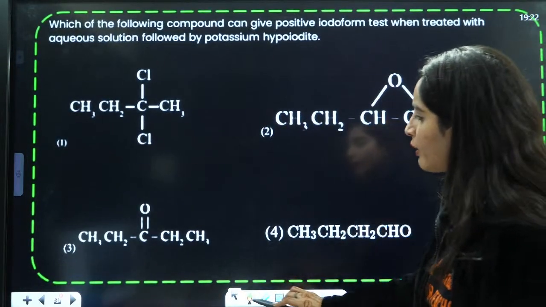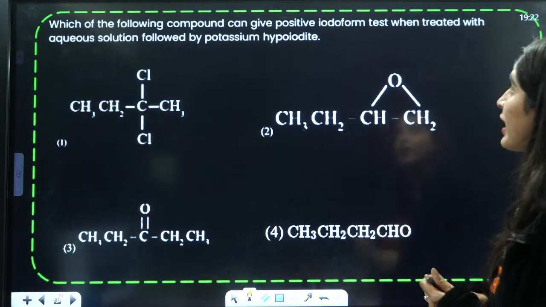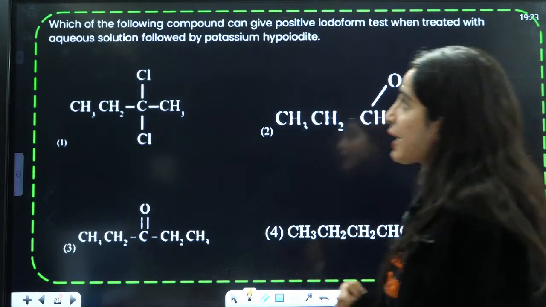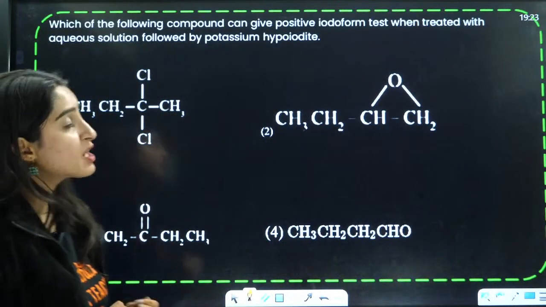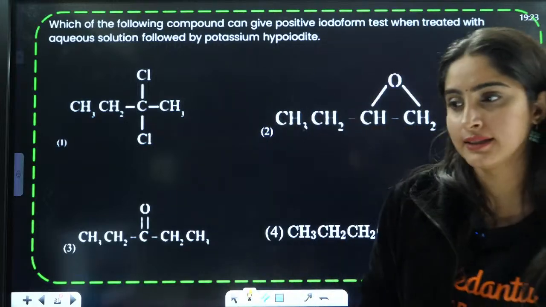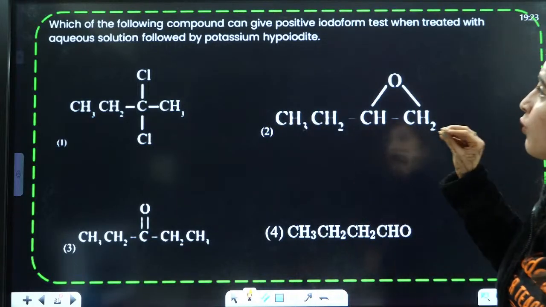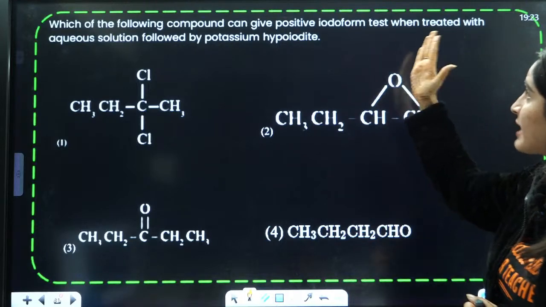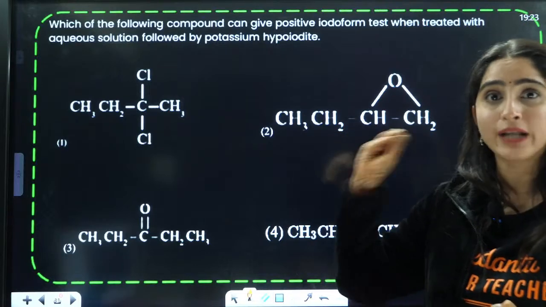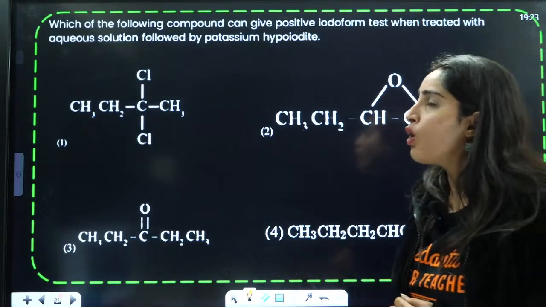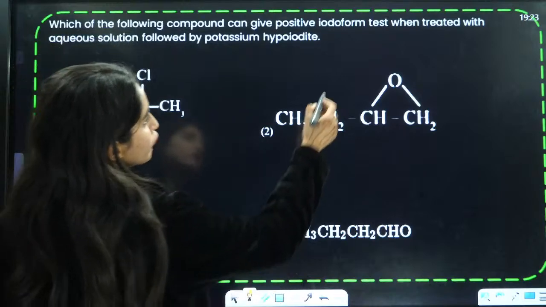Which of the following compounds can give a positive iodoform test when treated with aqueous solution followed by potassium hypoiodite, right? Now you want to have the iodoform test.